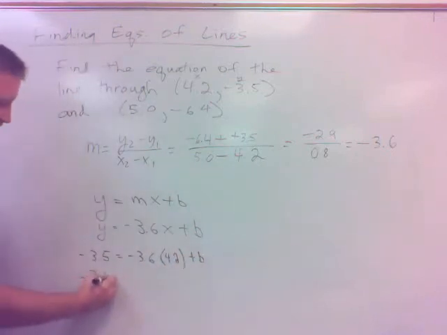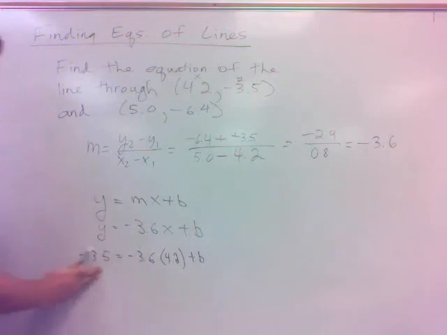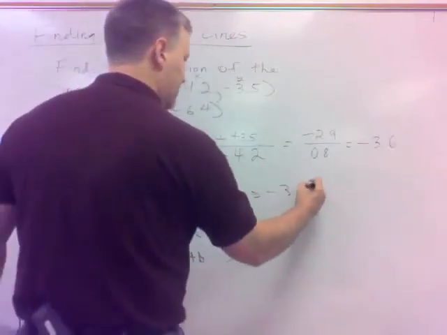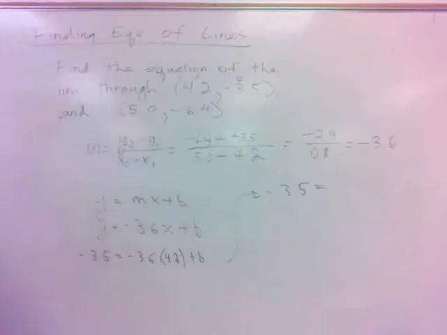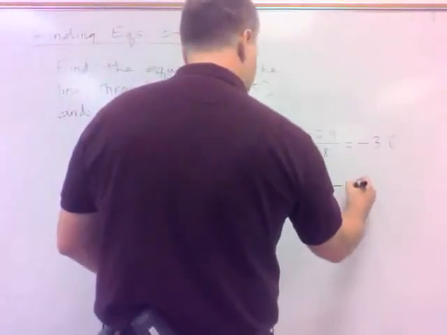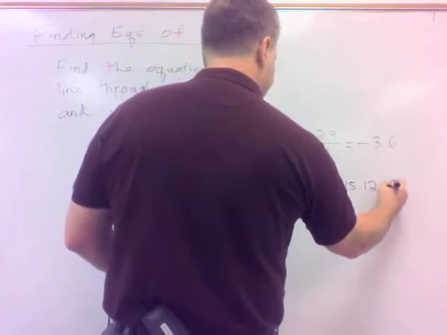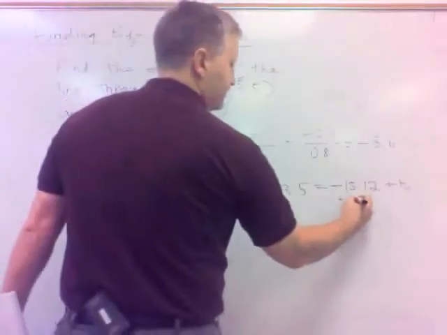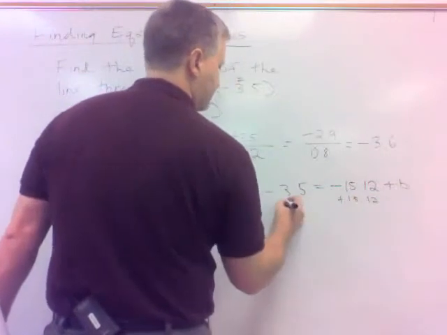So negative 3.5 equals, what's negative 3.6 times 4.2? Negative 15.12 plus b. So add the 15.12 and we get our b.